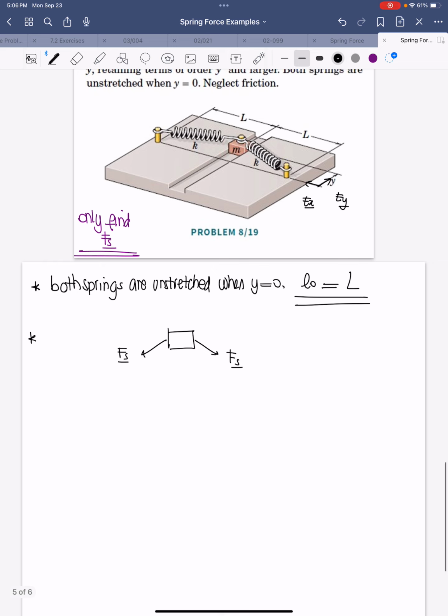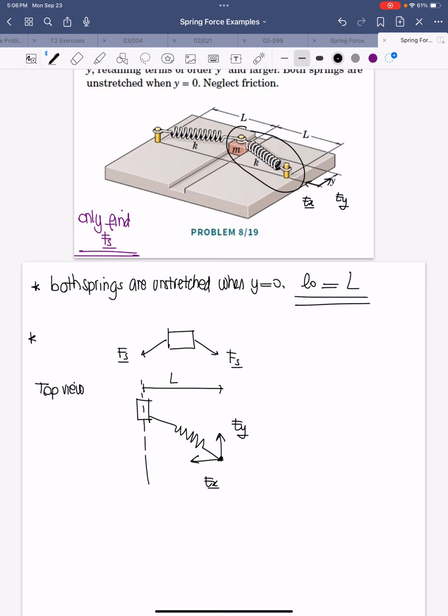It's this spring here. I'll take the origin to be at its base. I have E_x, E_y. This is a top view. And in general, the spring is like this, and the mass is moving on a horizontal line. This distance is L.